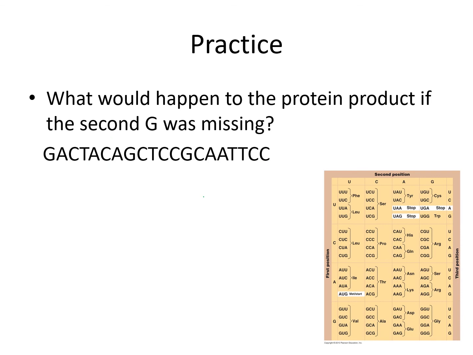The last practice problem with this sequence: what would happen to the protein product if the second G was missing? So for this, first transcribe into RNA. So C, U, G, A, U, G, U, C, G, A, G, G, C, G, U, U, A, C, C. So you get it transcribed into RNA.